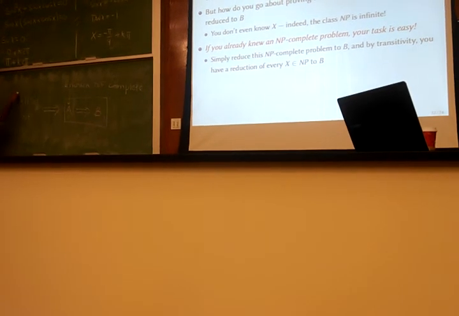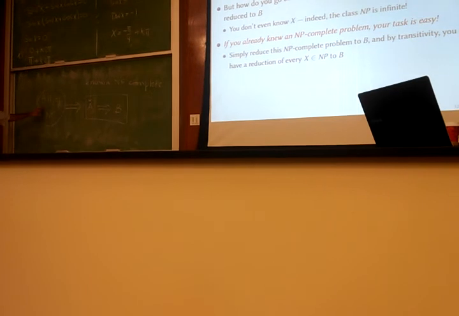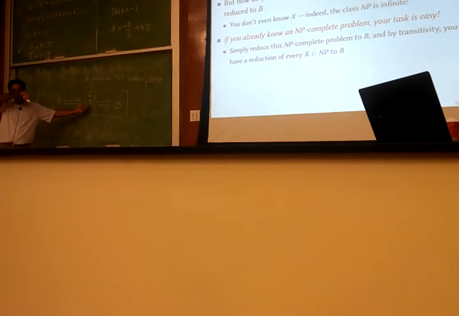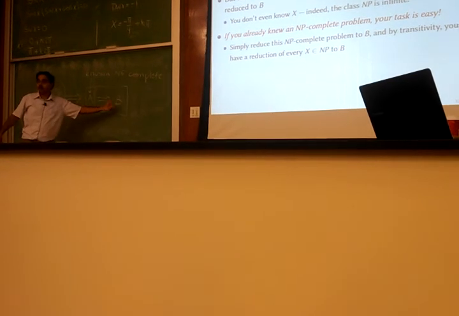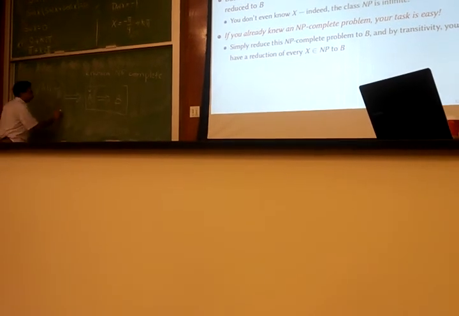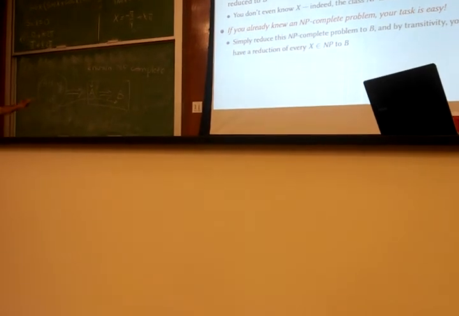Because it's a known NP complete problem, somebody has already proved that any problem in NP can be converted into this problem A. Now you prove that I can convert A into problem B. Now you have this path to go from any problem in NP to B.